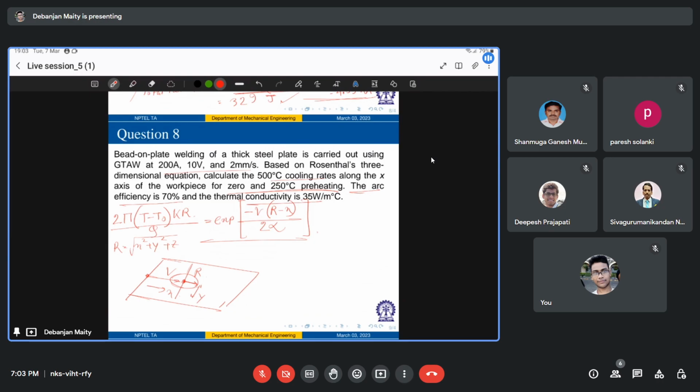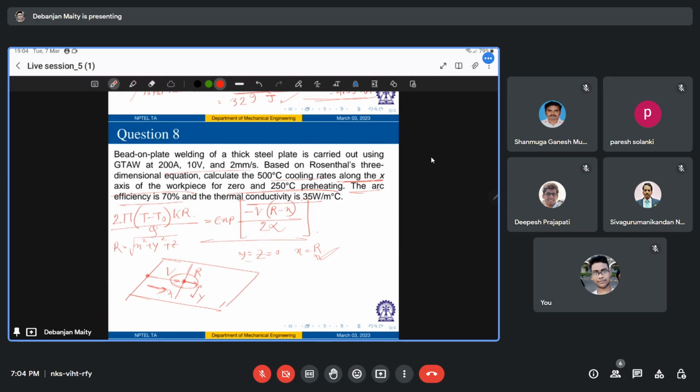As I was saying, along the x-axis of this workpiece, y and z will be 0, and x will be r. You need to find out along the x-axis of this workpiece.